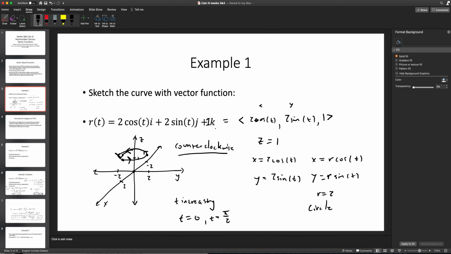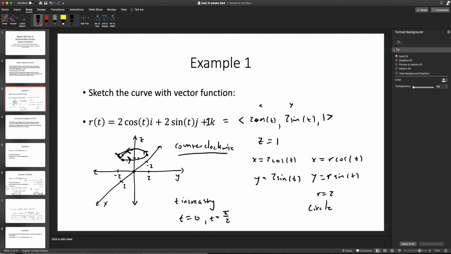And the first and second components are in the form x equals r cos t, y equals r sin t, and that is a circle of radius 2, where z equals 1. So we could draw a circle centered at 0 of radius 2 at z equals 1, and then we need to put a little orientation on it.